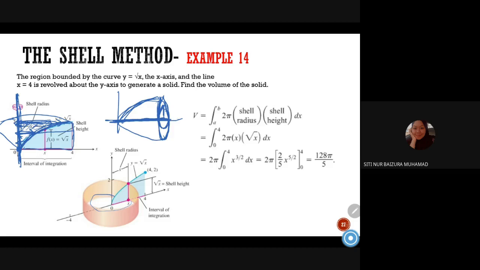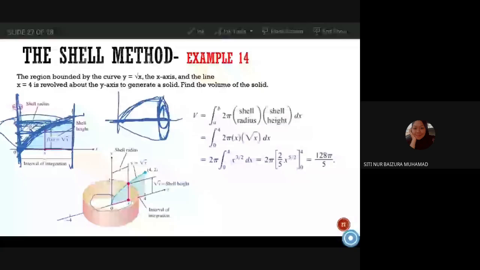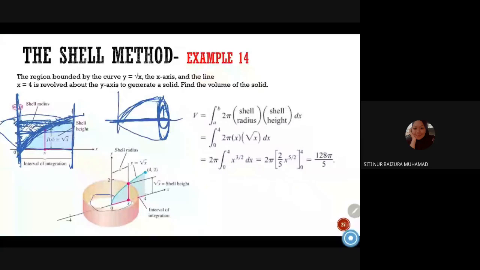So you will get a washer where R out is this line and R in is this line. Understand? Make sure you don't assume that whatever region rotated about the x axis gives a solid and about the y axis also a solid. No, you have to look at the graph. Rotating about a different axis will result in a different kind of solid. It can be a washer, it can be a solid. Hopefully everybody gets it. That is why I said to look first, if you want to use this method, whether there is a distance between the region and the axis of rotation.